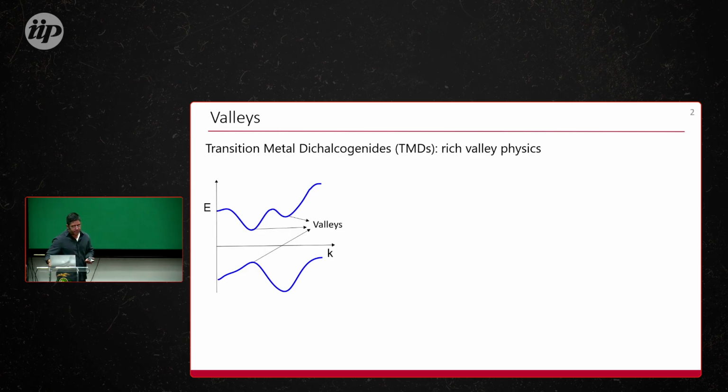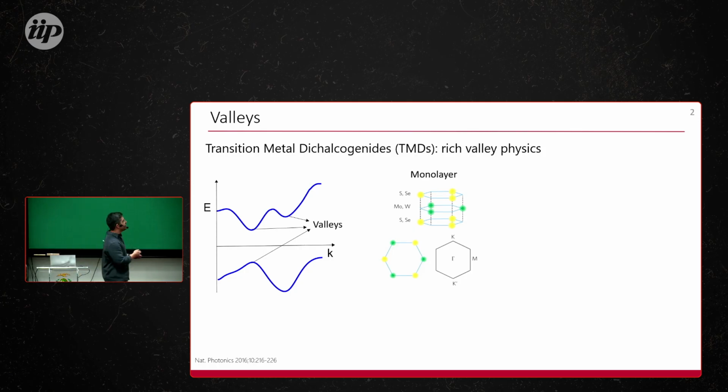And why is that so important? Usually a monolayer TMD is not actually a monolayer like graphene. A monolayer is actually composed of three layers, where you have your transition metal, like molybdenum or tungsten, between two layers of your chalcogenide.